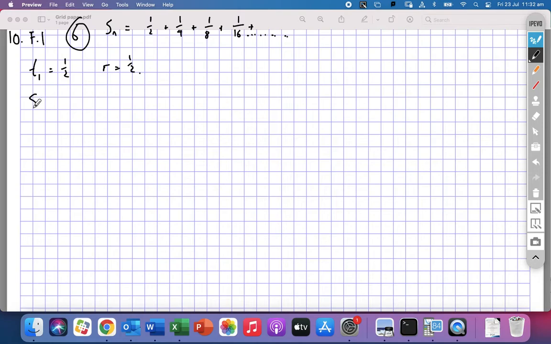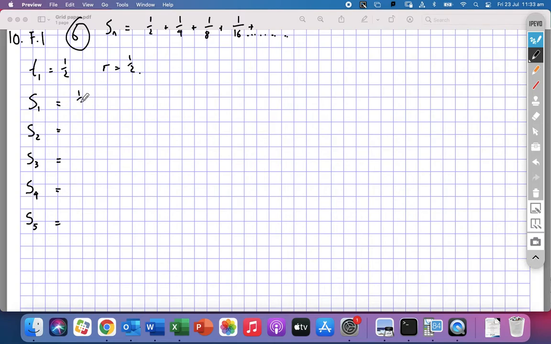And they say we want to know S1 through to S5. So what is the sum up to summing up 5 terms?